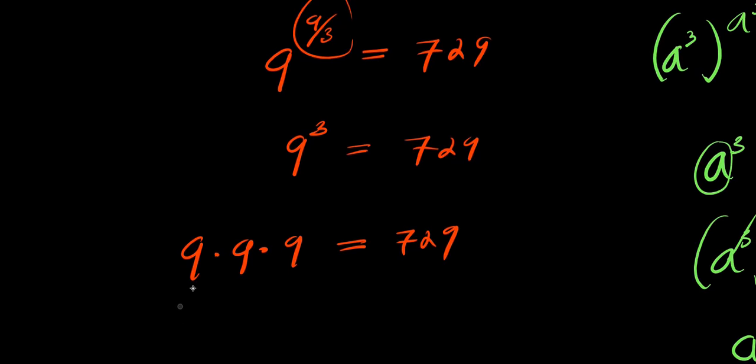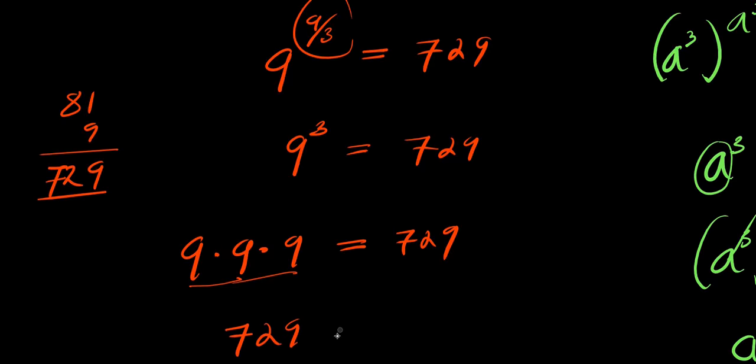And from here, 9 times 9 is 81, 81 times 9, that is 729. So we have 729 equals 729.